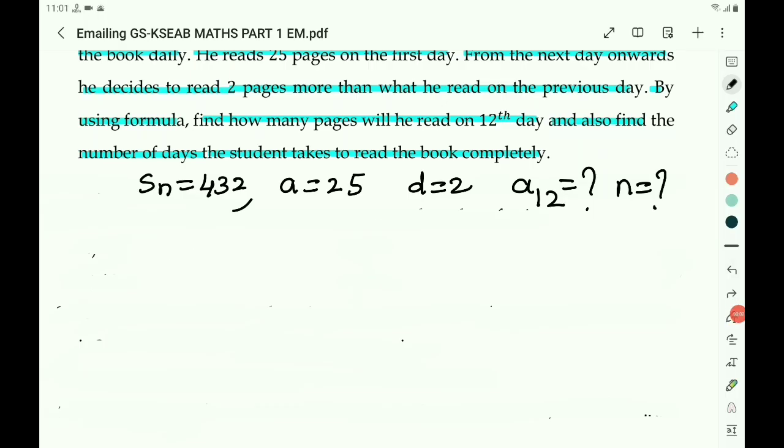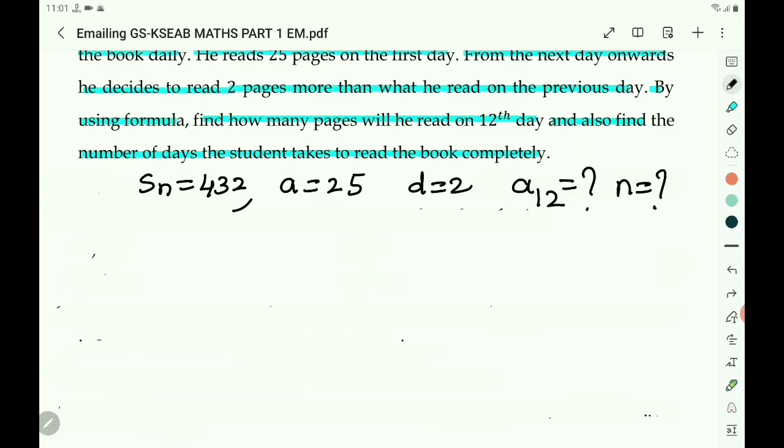You can find A12 by using the formula An equals A plus n minus 1 into D, or A12 equals A plus 11D also you can do. Here A is given and D is given, and n equals 12 you can put.